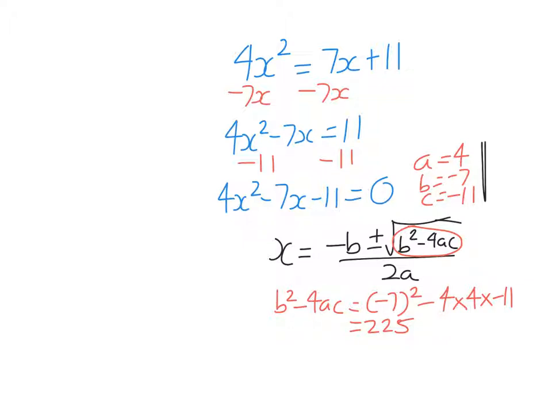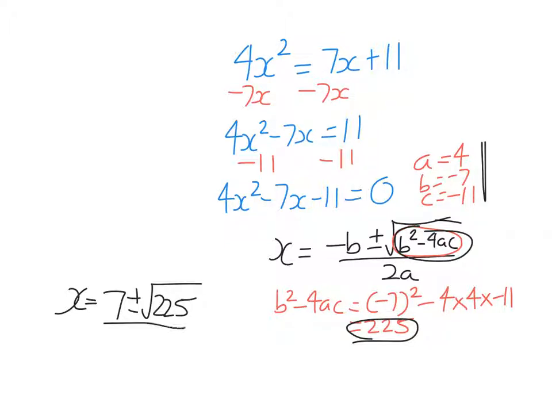So let's actually find what they are. So we have x equals, so minus 7 becomes positive 7, plus or minus the square root of 225, because we just figured that out, over 2 times a.